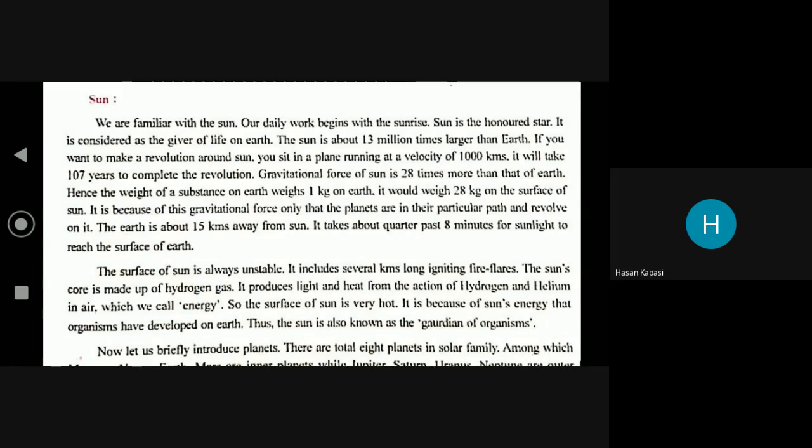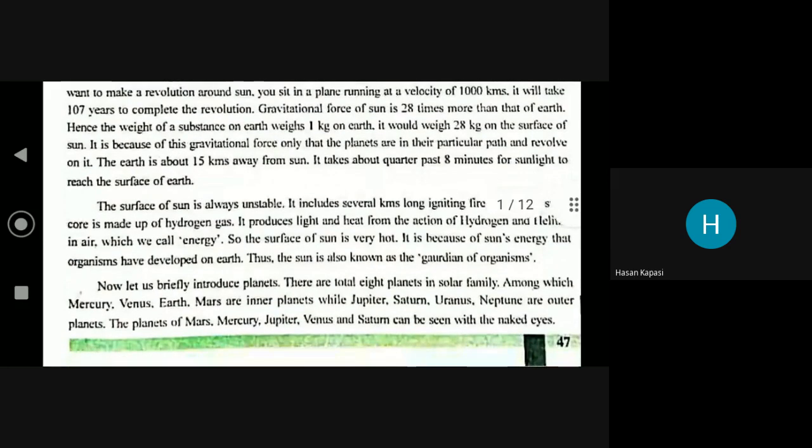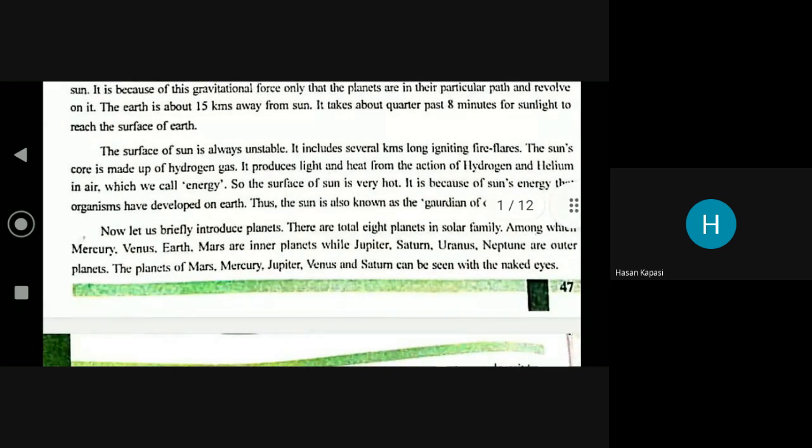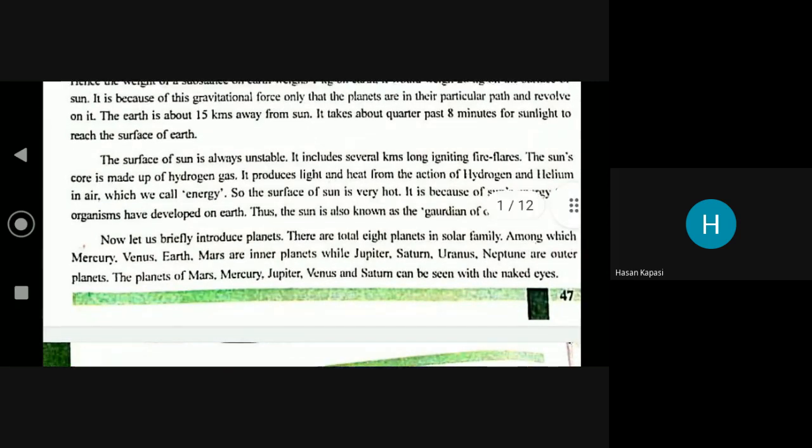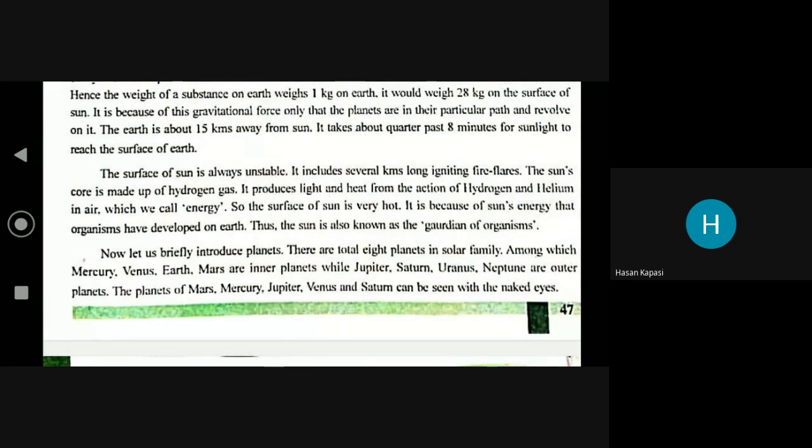sun. Here there is some mistake, I will check it out. Okay. It takes about quarter past 8 minutes for the sunlight to reach the earth. How much time does it take for sun rays to reach our earth? Quarter past 8 minutes.